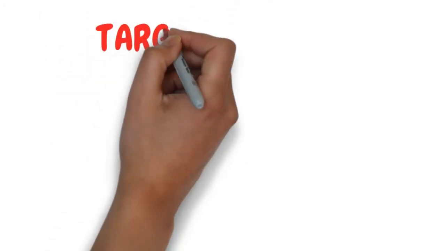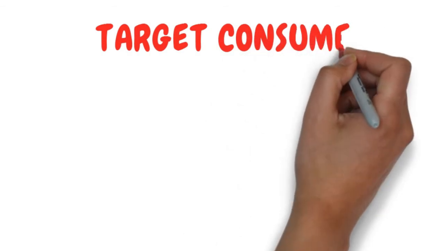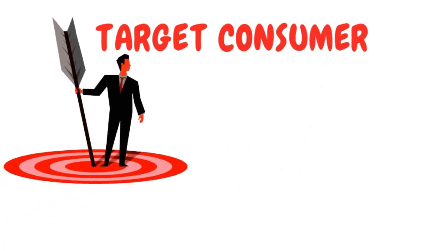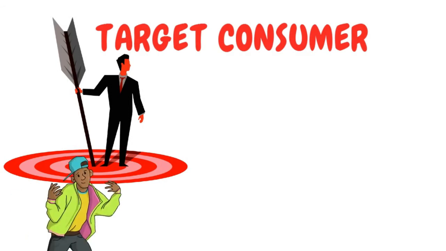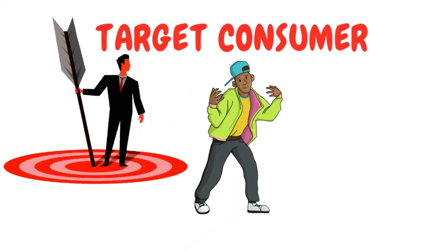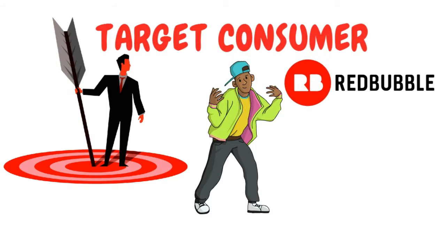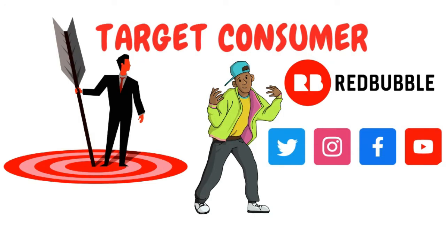Now, of course, most people like pets, and so I do need to choose my target consumer with a greater level of precision. So I know that in general, it will be younger people that will visit Redbubble and see my posts on social media whenever I go to advertise my t-shirts, my mugs, my clocks, whatever it is.